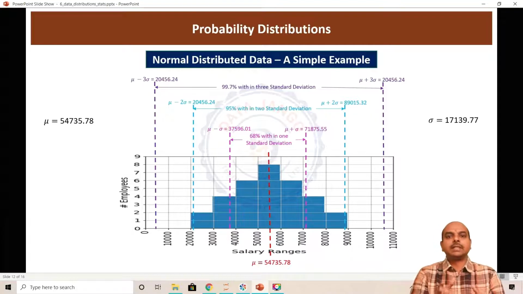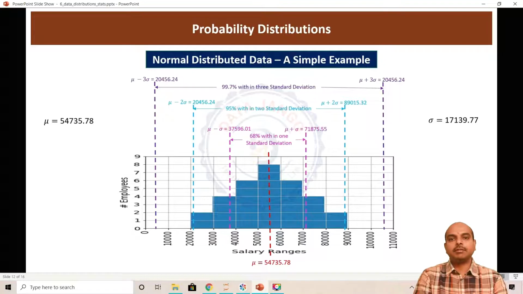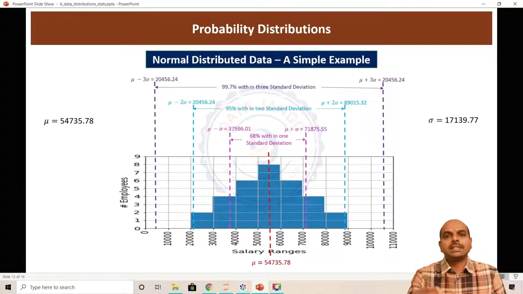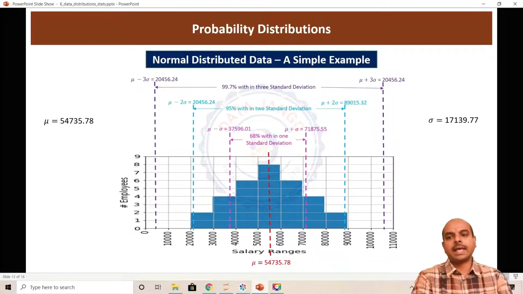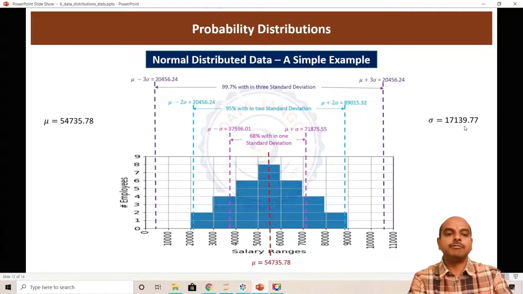Average squared distance from mean, the square root of the average squared distance from mean. You can actually say the average distance. When you pick a person's salary, on average, the salary will be 17,139 far from the mean.